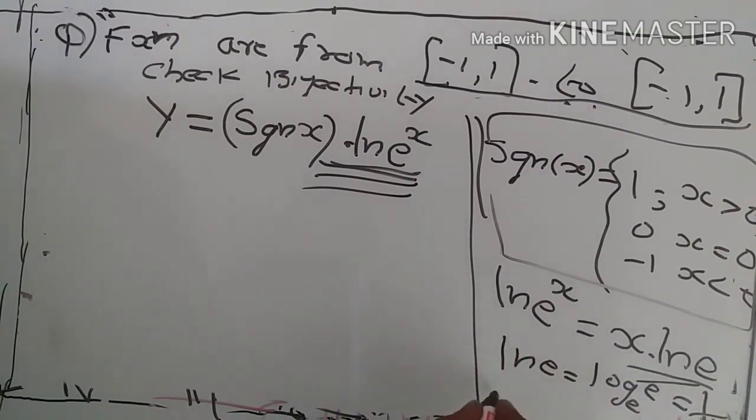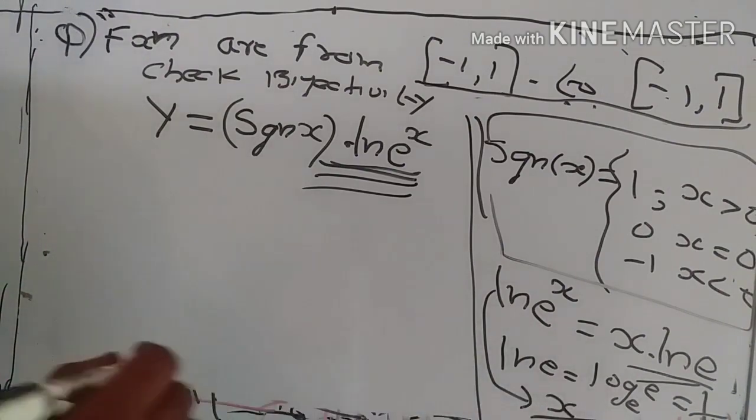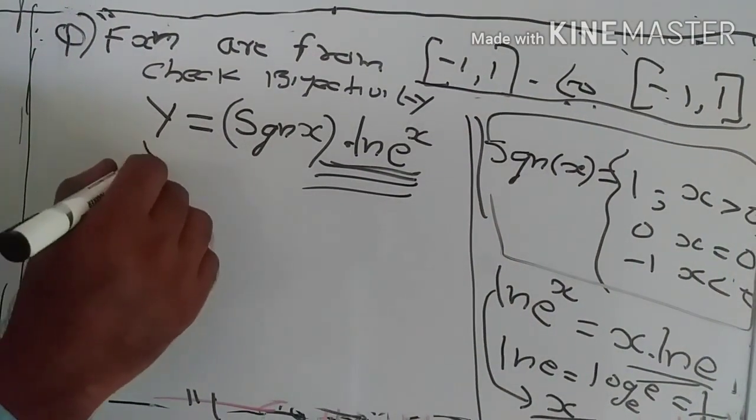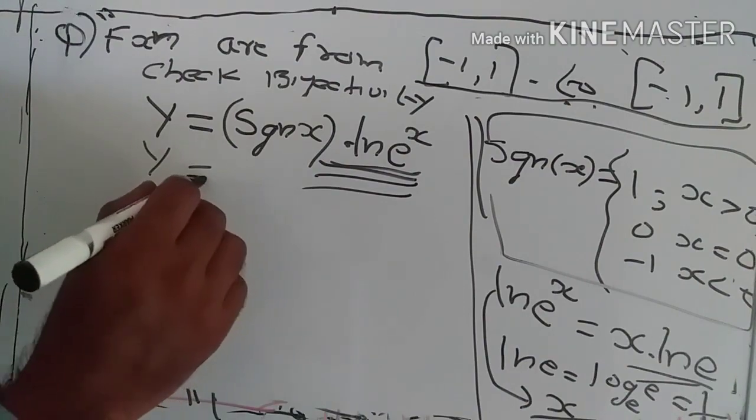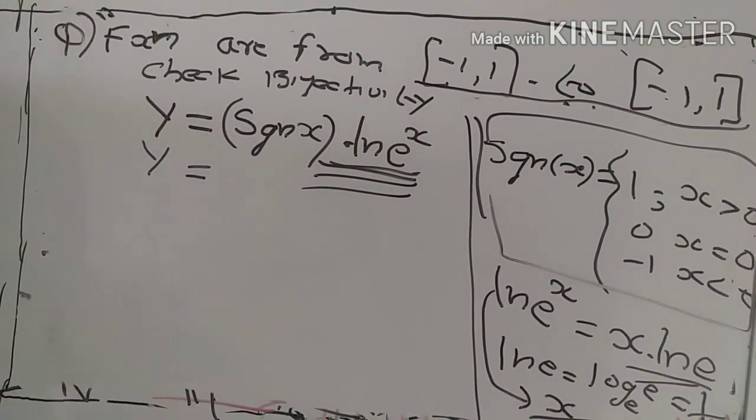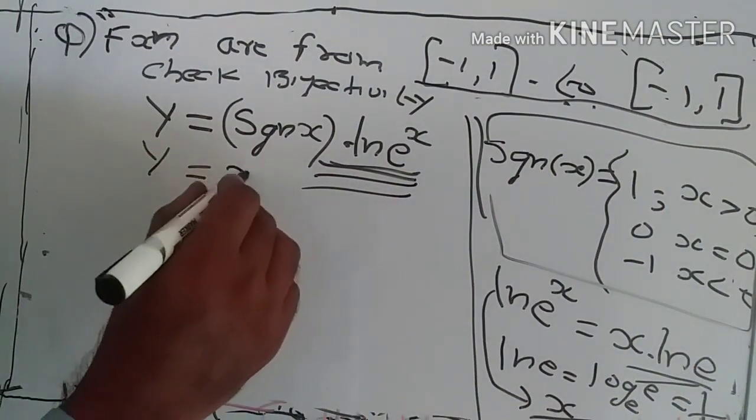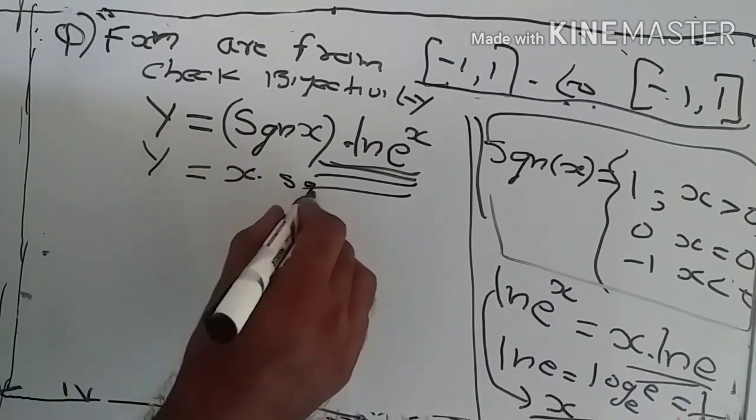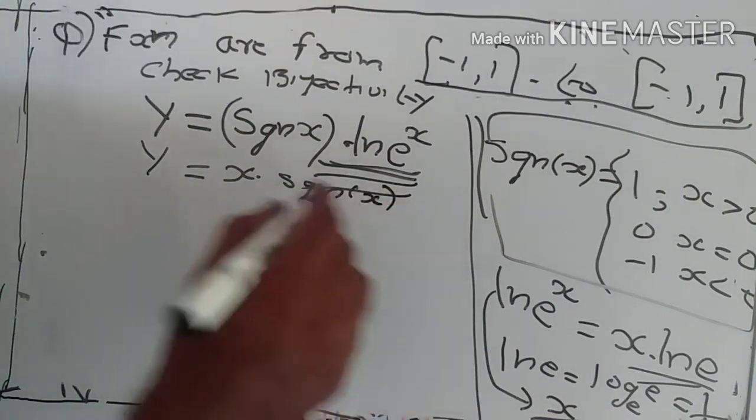What is ln e? Ln e is log to the base e, which is equal to 1. So this becomes x. So the function y is equal to x into signum x.